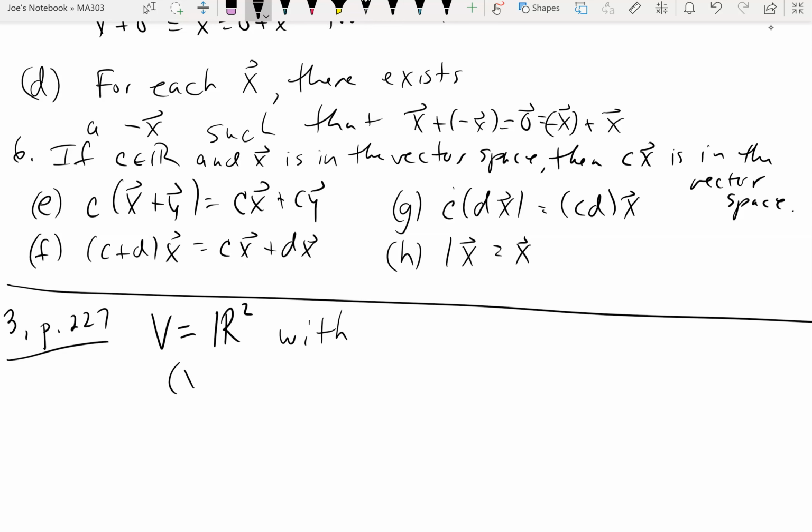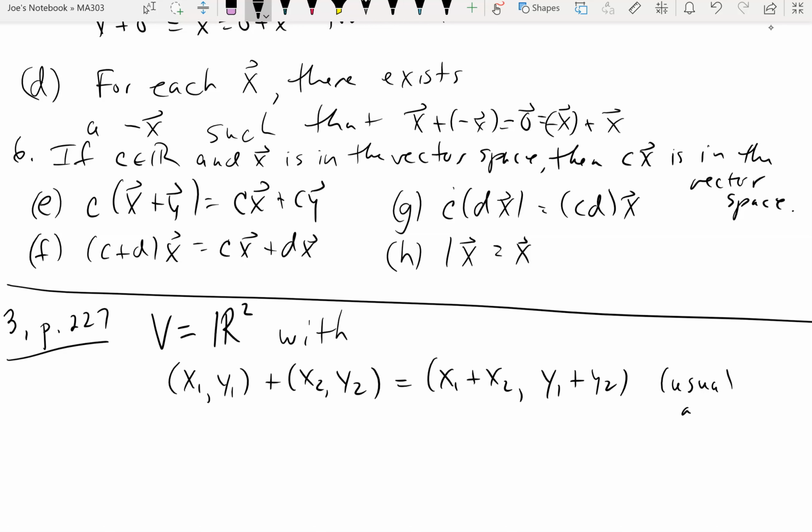So if I take x1, y1 and add it to x2, y2, I'm not going to do anything different. That's the usual addition. So that hasn't changed anything. However, we're going to do a different scalar multiplication.